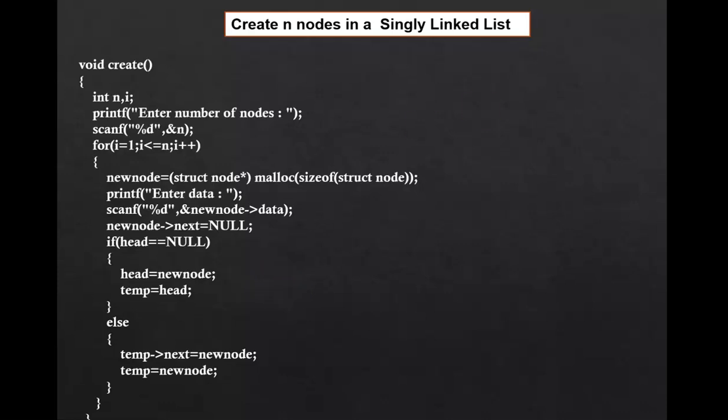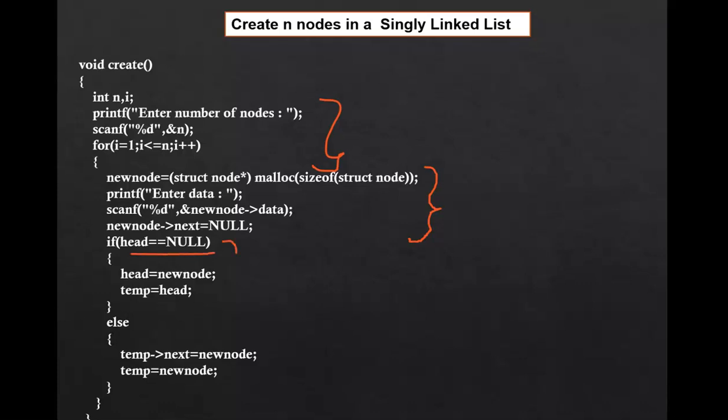Now moving on to the program. How should I code this? Initially get the n from the user and then run a for loop. Inside the for loop, you create the node, you enter the data and then set the next to null. Very important. And then check if head is equal to null. If head is equal to null, it means this is the first node in the linked list.